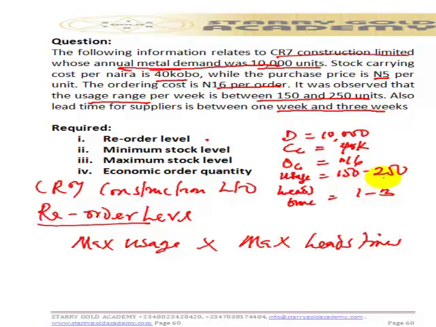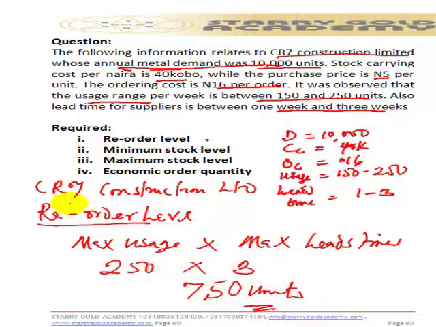So the maximum usage, the higher of the two, is 250, and delivery is 3 weeks. So that should give us 750 units. That's that, as simple as that.